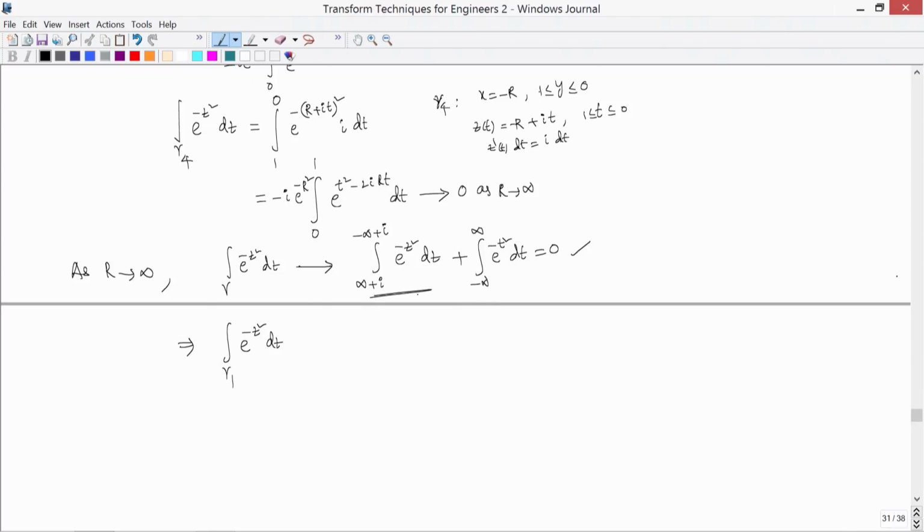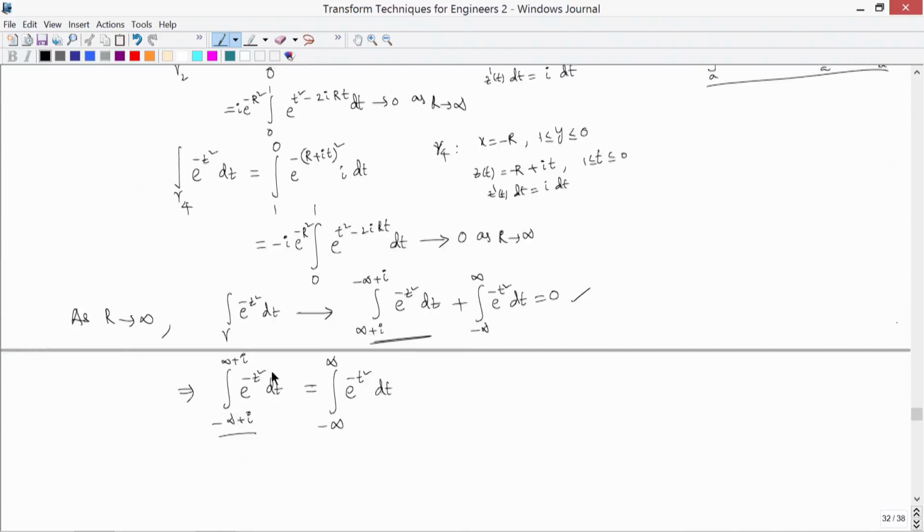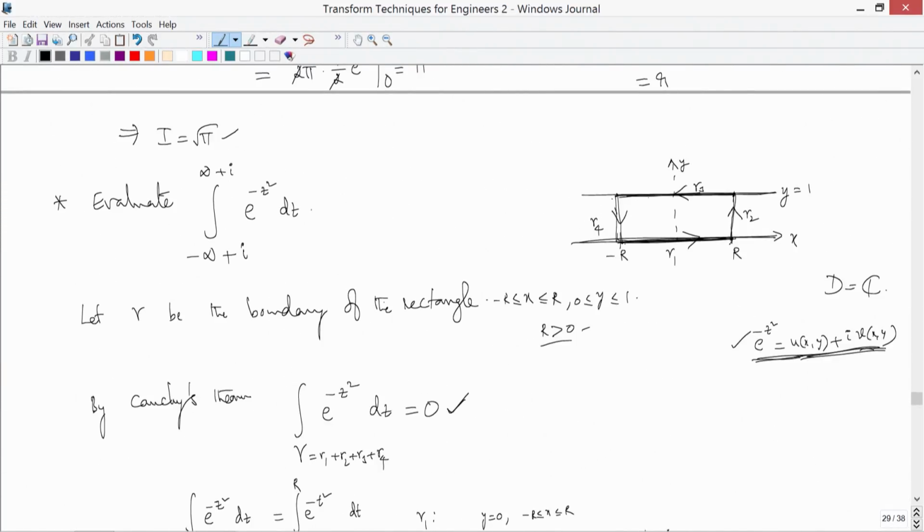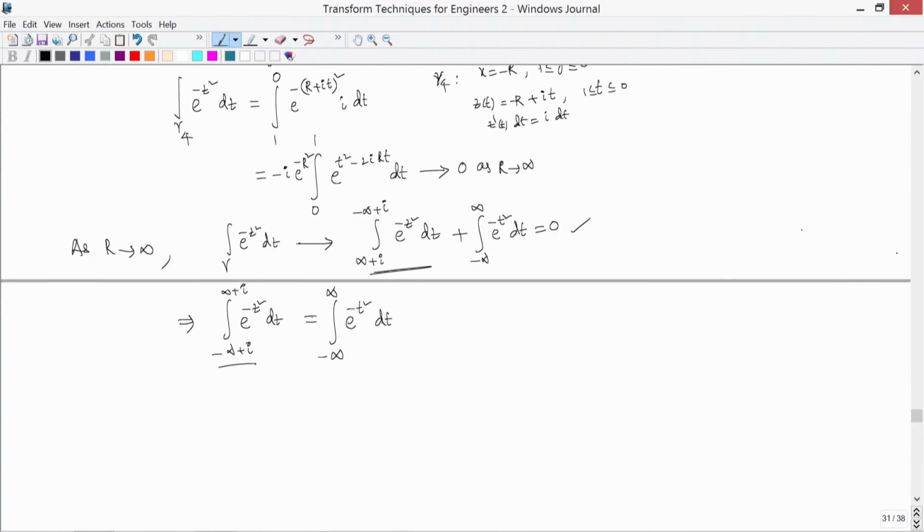This is exactly what you want, and you can reverse the limits. The integral over this line is the same as the integral over the real line, in the same direction, so now I have taken from minus infinity plus i to infinity plus i.